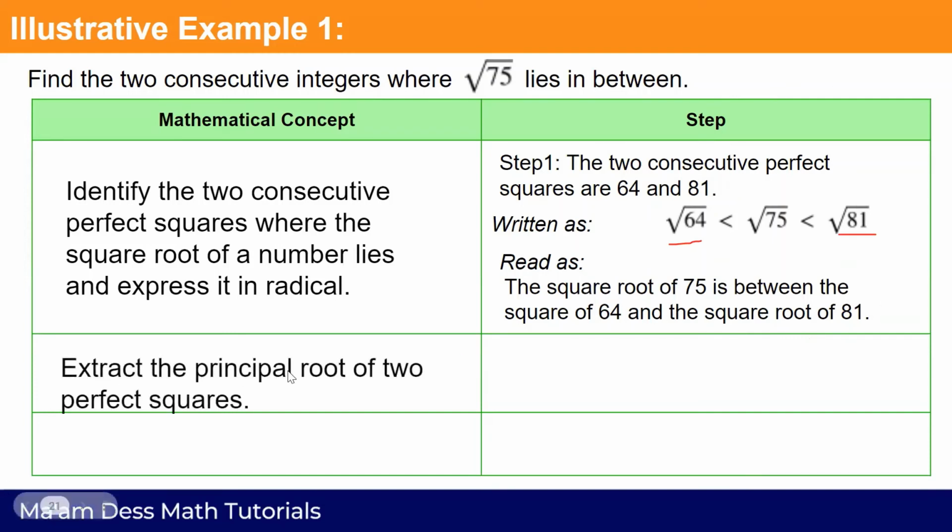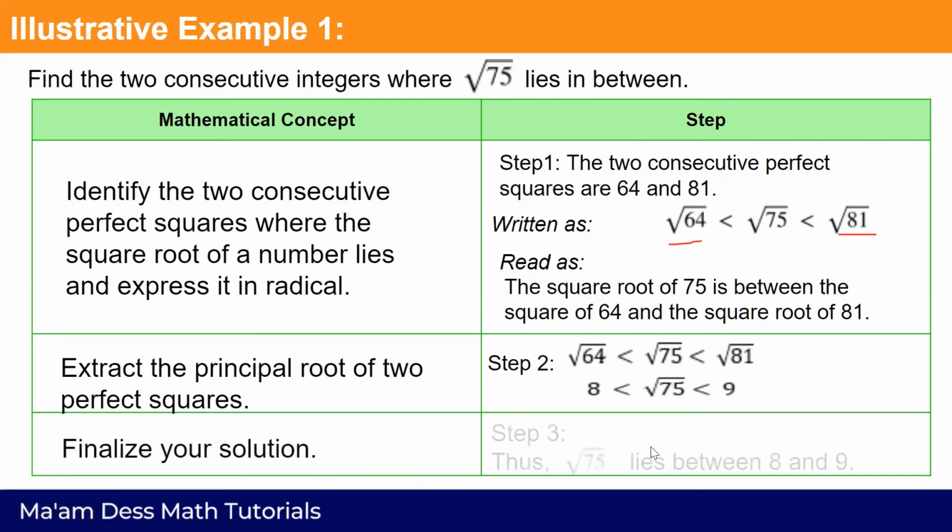Okay, now, extract the principal root of the two perfect squares. Step 2, square root ng 64 ay 8, square root ng 81 ay 9. So, ano yung two consecutive integers? So, we have 8 and 9. So, yung square root of 75 lies between 8 and 9. Okay?